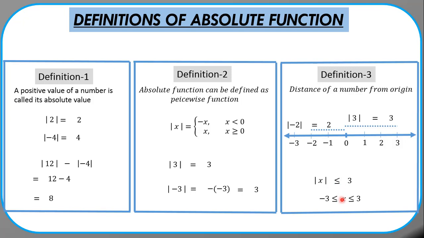However, students, if you take a number, for instance, minus 7, it will be a positive 7 for this mod, and that will not satisfy this inequality. Hence, the value of x for any inequality that you take should lie in this range, inclusively minus 3 and 3.